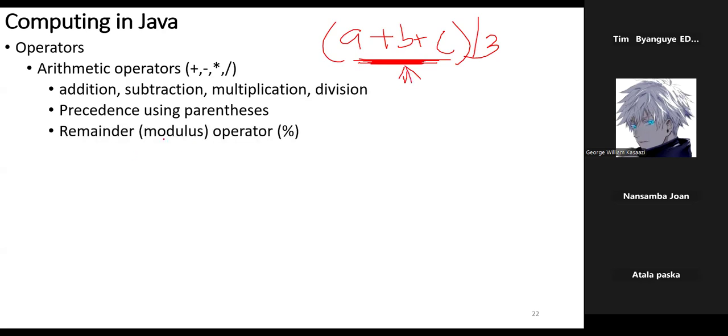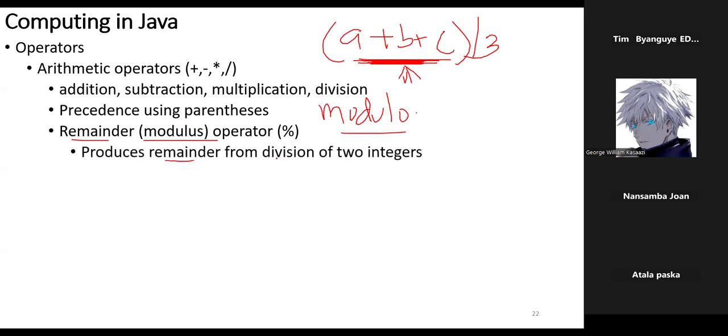The other operator is the remainder or modulus operator, also called the modulo operator, that returns the remainder from the division of 2 integers. Thus, when you have 5 modulus 2, the result would be 1, right? Why?